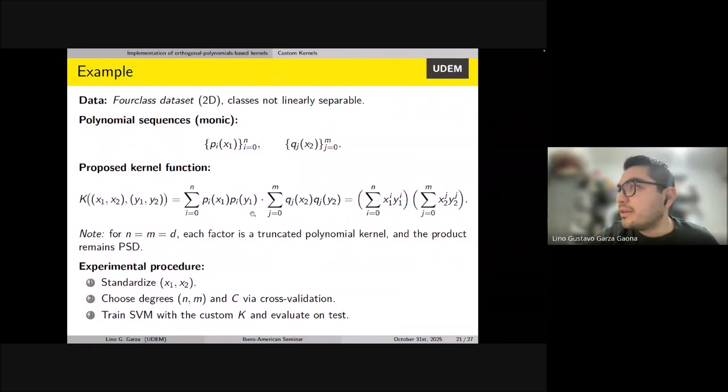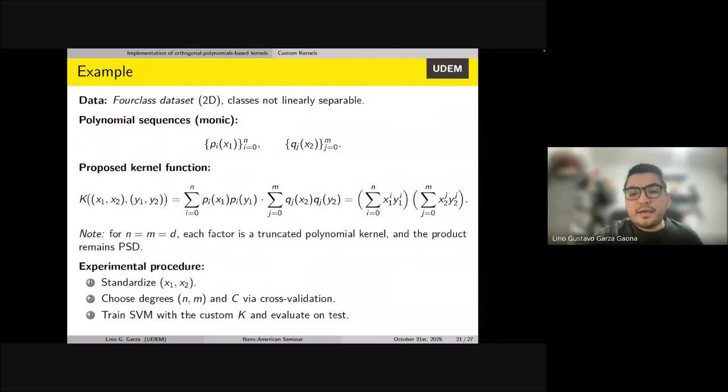So we construct the kernel in this way, with the product of these polynomial families, and we take this 4 class data set. We standardize the data to be between -1 and 1, and we run the algorithm.